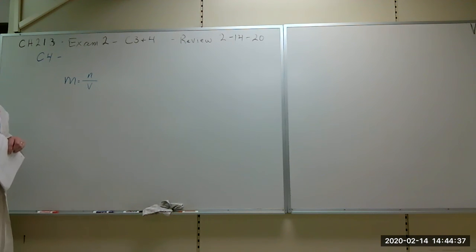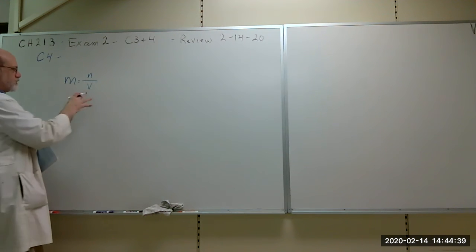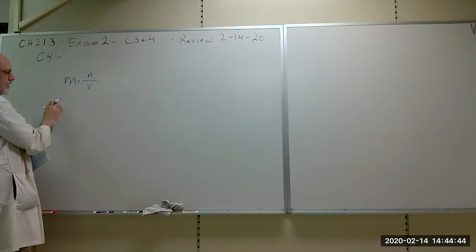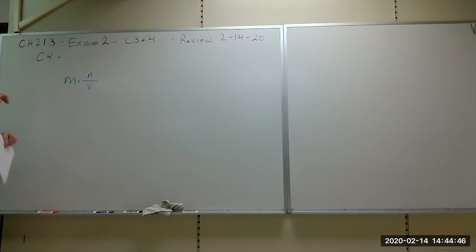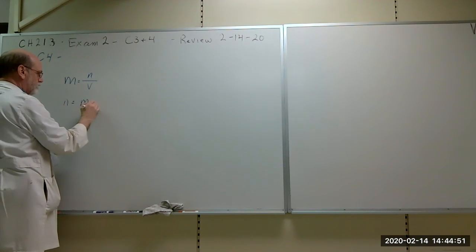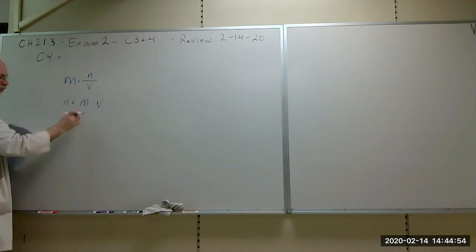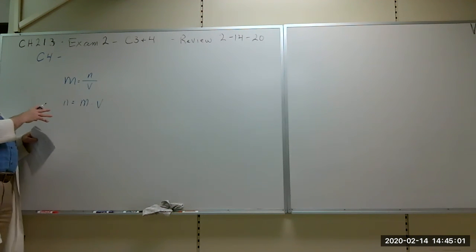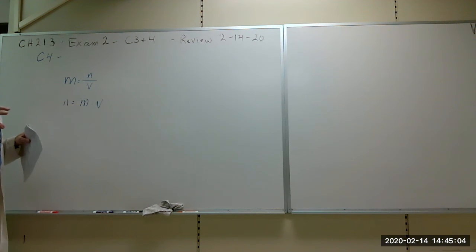Right? So you do need molar mass. And if you do this calculation, you say, okay, I need a certain molarity and I need a certain volume. So those are going to be known. So you would solve for n equals M times V. And if you multiply these two together, that tells you how many moles you need of the compound. Now, once you know the moles of the compound, then you can convert to mass and weigh out that much mass on your balance, then put it in this volume of solution, and you have that concentration.